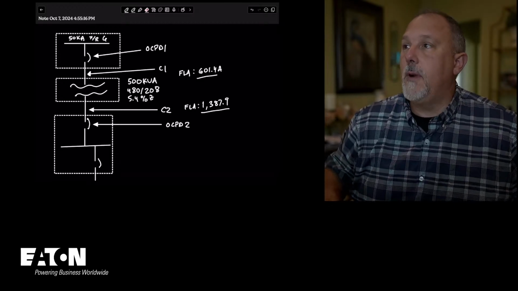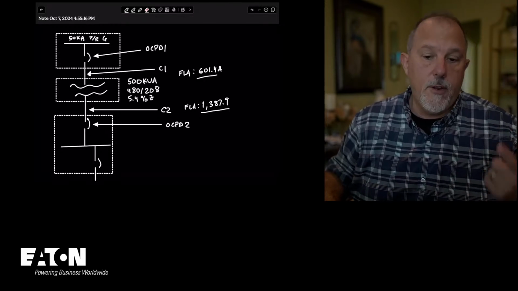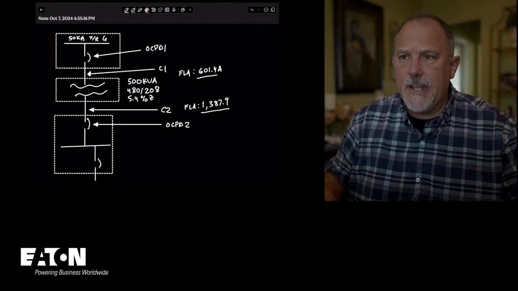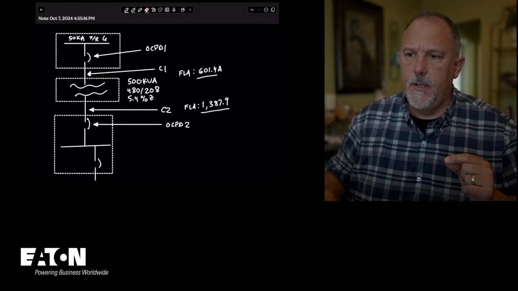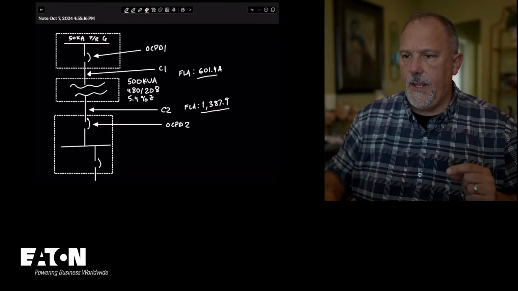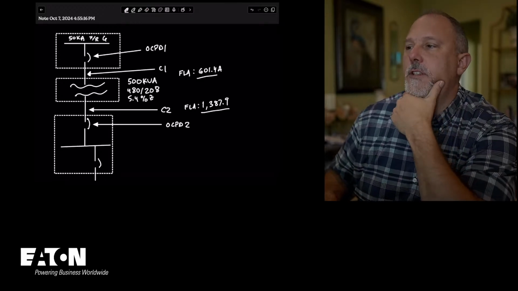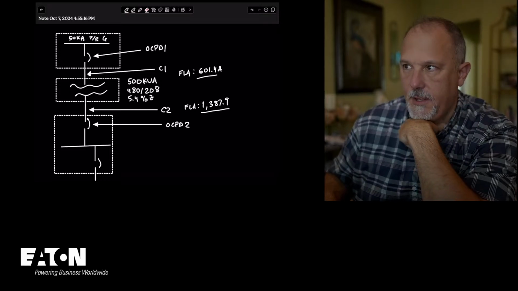Now, for the primary overcurrent device, I go to chapter 4. That's article 450. 450 table. Now, so here's what I'm going to do.